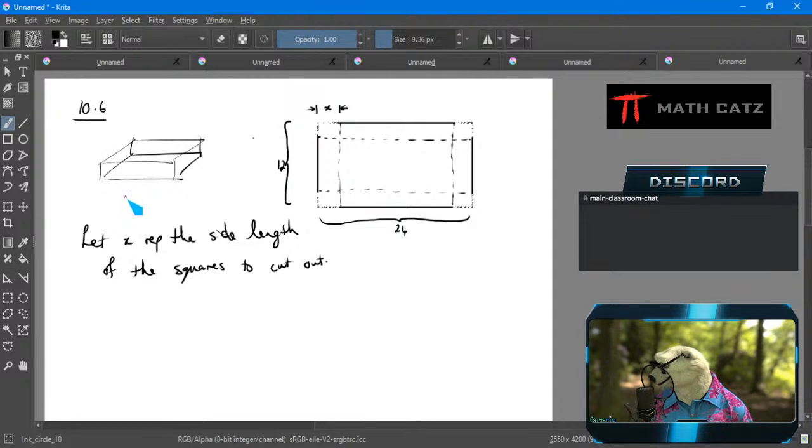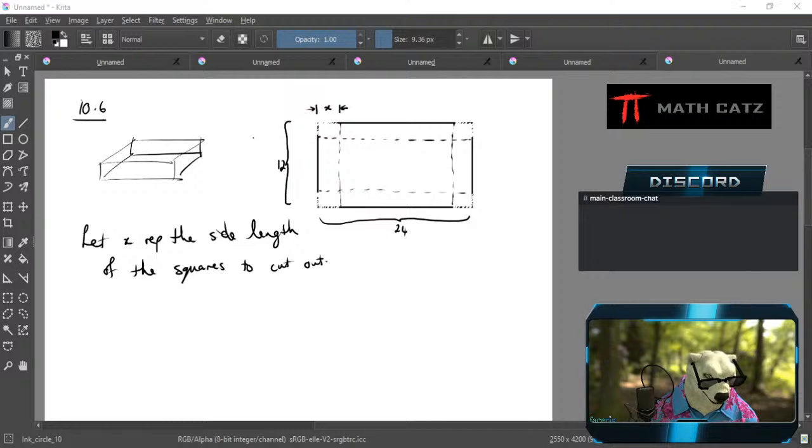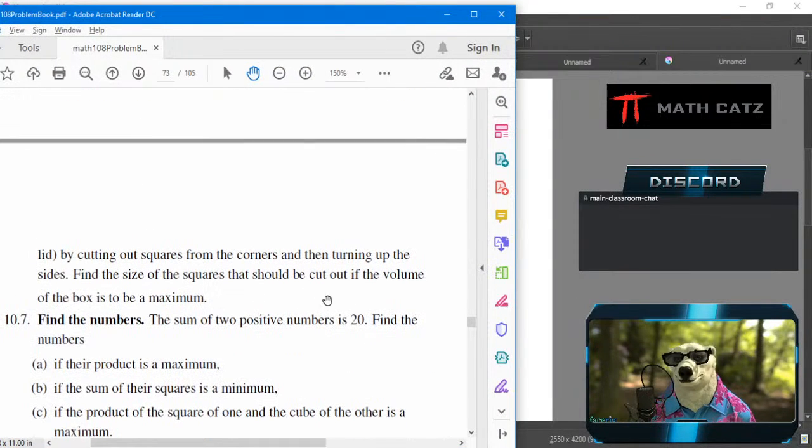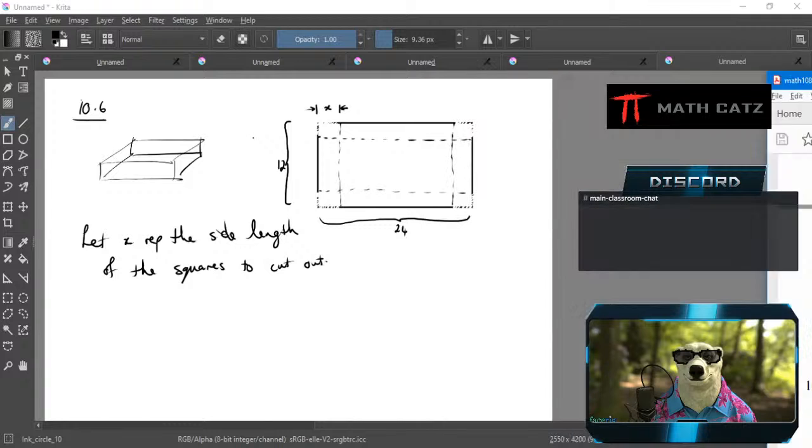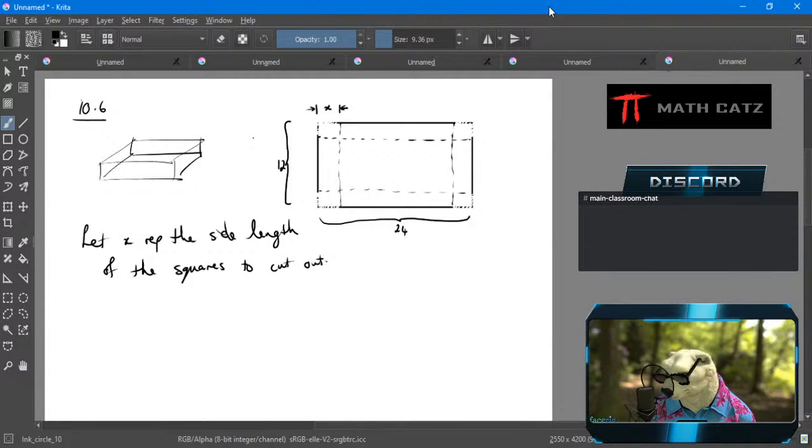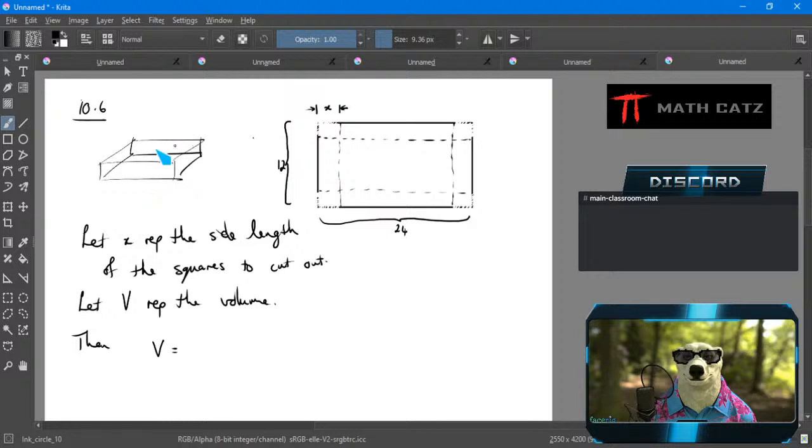If I'm going to fold it and I'm interested in the volume being a maximum, I'm going to have to talk about volume. So I'm going to have to bring in a letter. Let's use the familiar V to represent the volume of the folded box. Then I need my volume calculation, which is the area of the base times the height.